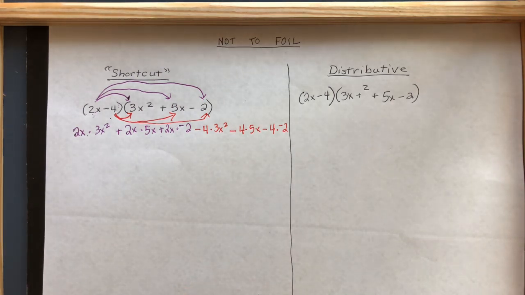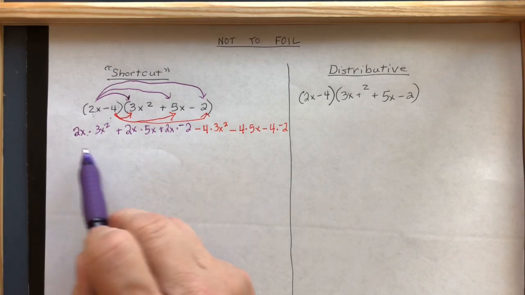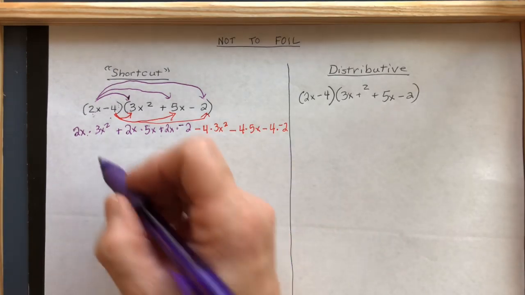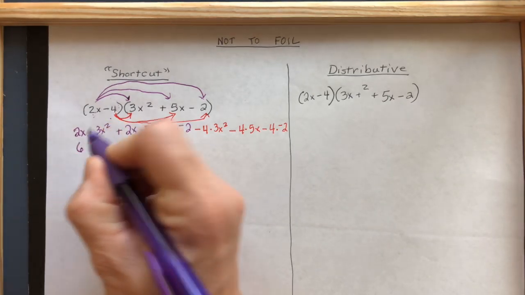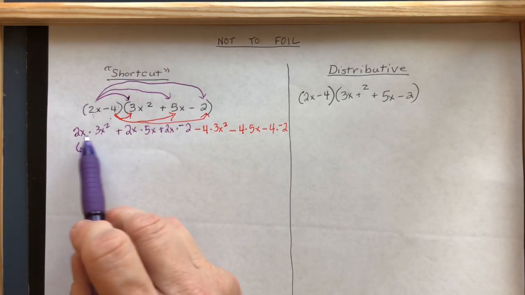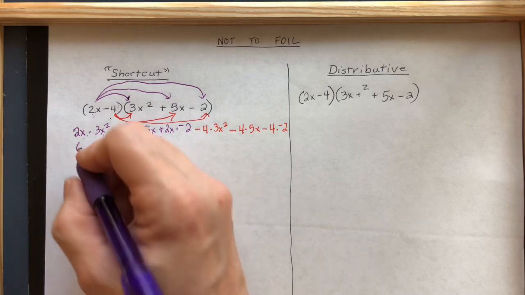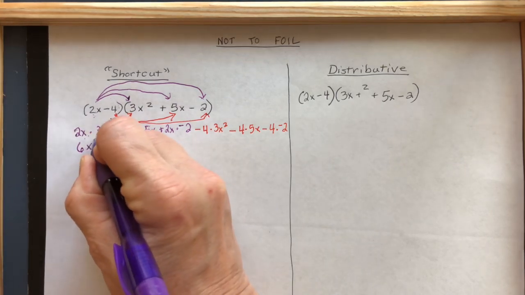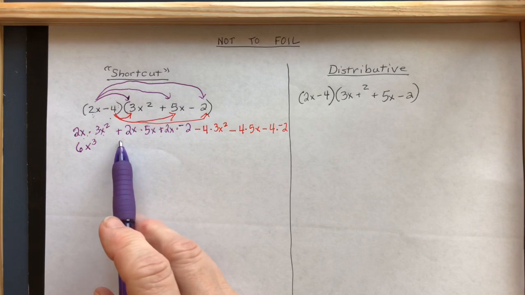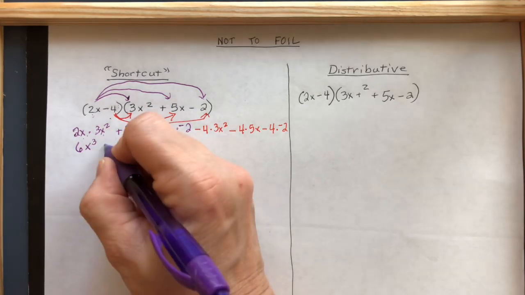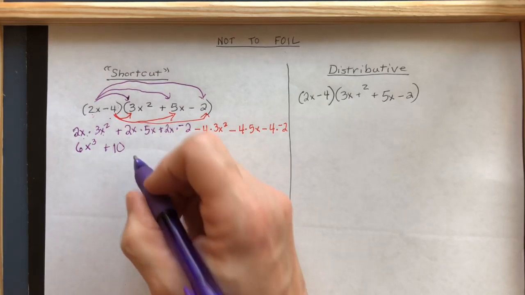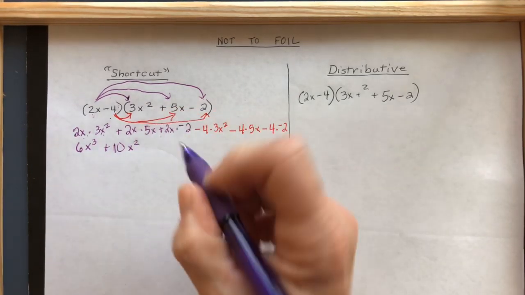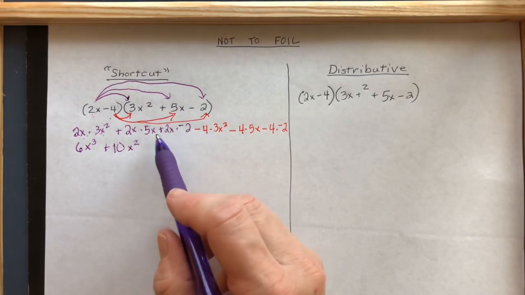Now let's combine each term in this big thing. So I'll multiply my coefficients. 2 times 3 is 6. I'll multiply my exponents. X times x squared is x cubed. I'll do the next term. Plus 2 times 5 is 10. X times x is x squared. Now I'll multiply these.